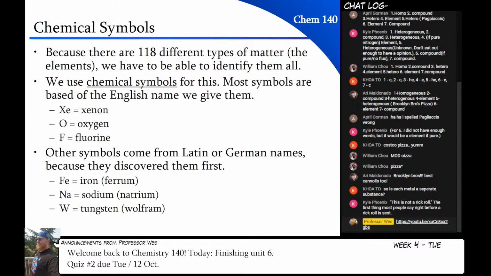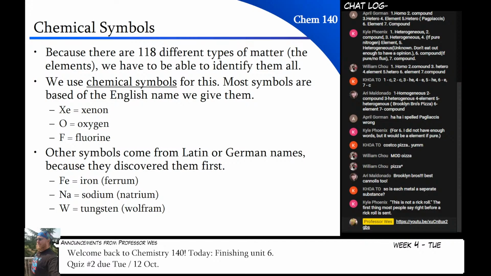That's the name that we use. Sodium, same thing. Natrium is the Latin word for sodium. In German, the word tungsten translates as wolfram, and that's where W is used. So the symbols sometimes go with languages that are not English. Most of them, however, are from the English name.